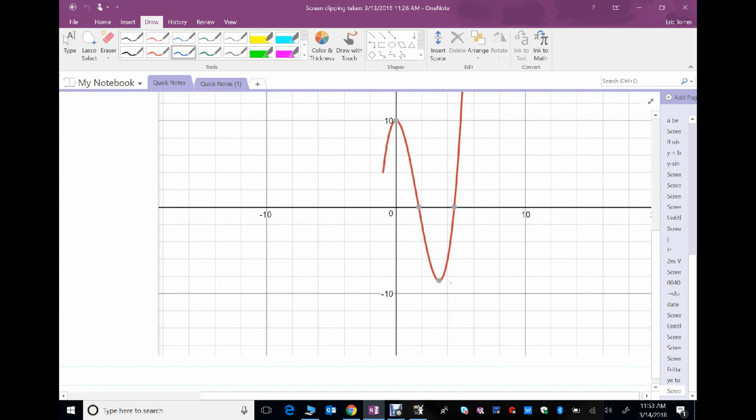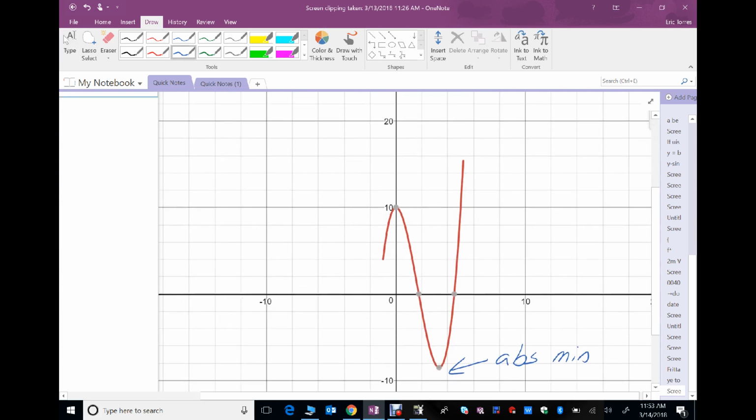Well, it's clear this is how far down it goes. This is the absolute minimum value of the function. And we need to know how far up it goes, and it goes up to this point here, and this is referred to as our absolute maximum value of the function.